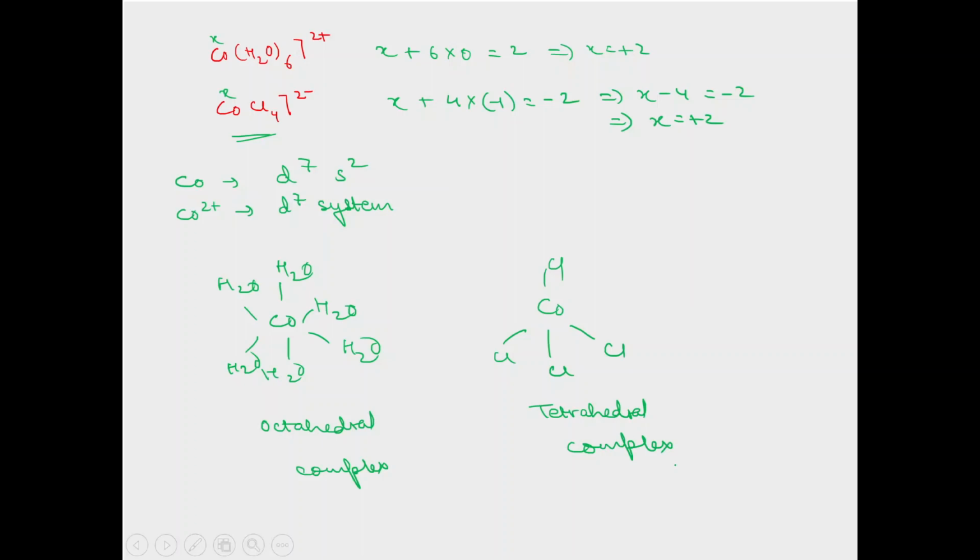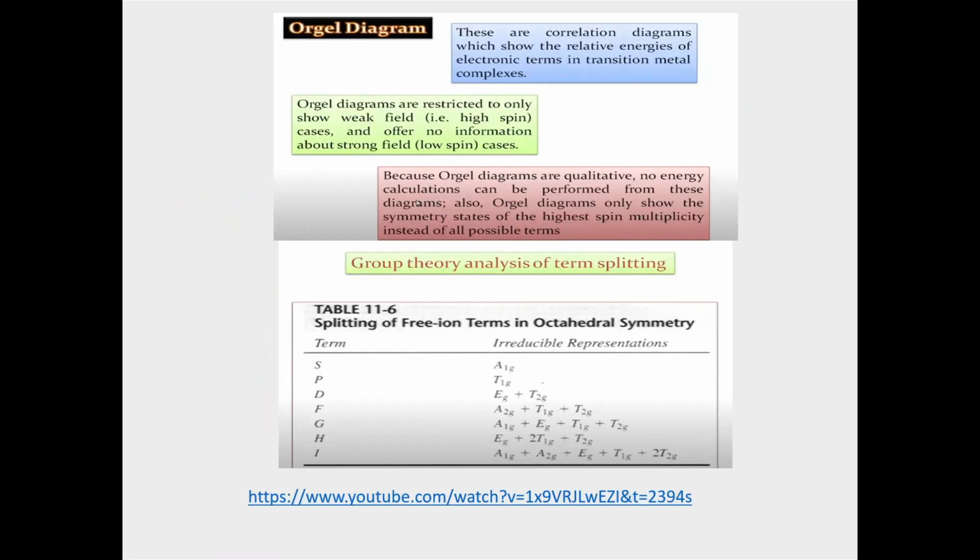Now we should know the Orgel diagram. So what is an Orgel diagram? These are correlation diagrams. You can find these in the given link, given by Professor Debashish Rai from the Department of Chemistry; you can search Orgel diagram NPTEL and you will get this. Orgel diagrams are correlation diagrams which show the relative energy of electronic terms in transition metal complexes.